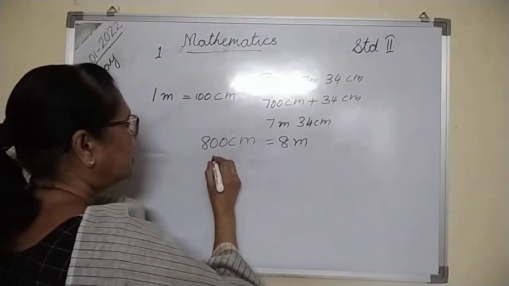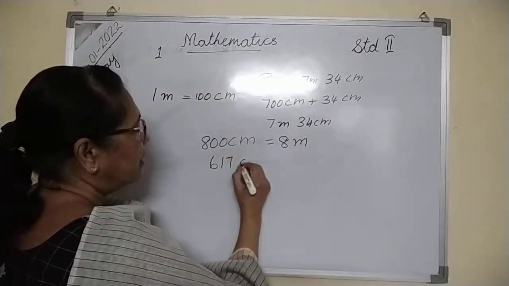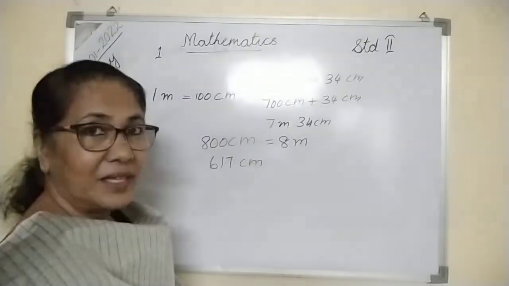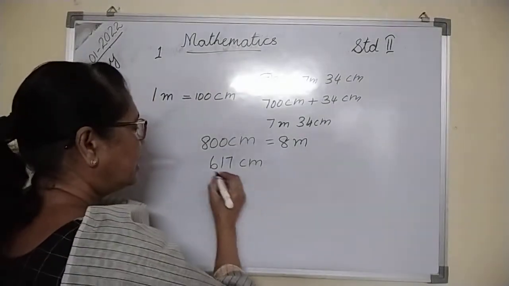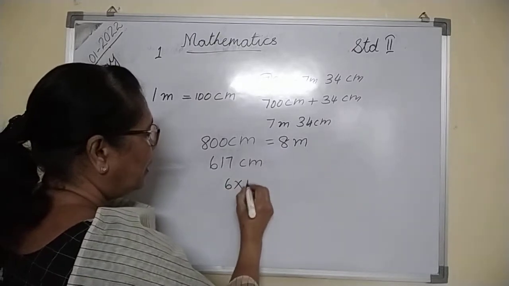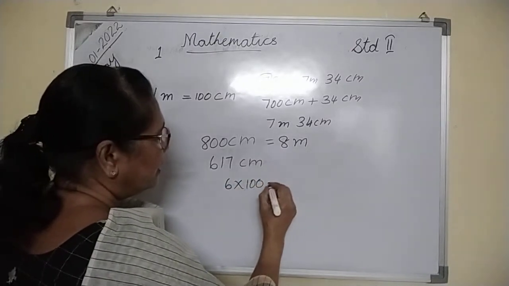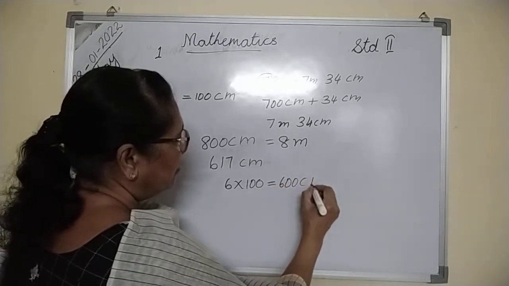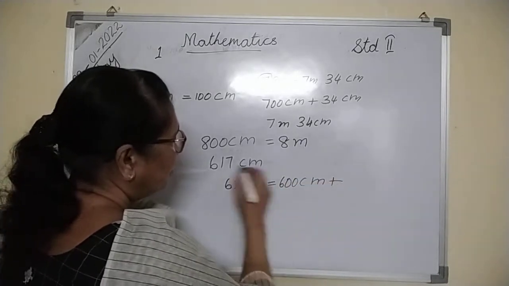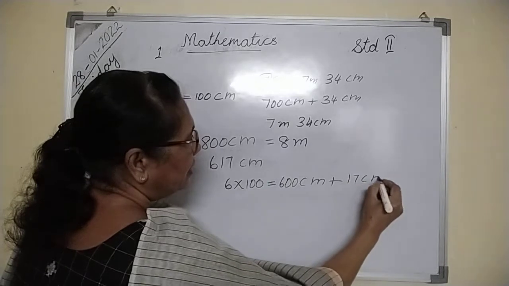Next one, 617 centimeters. This you have to convert into meters. So 6 into 100, that is how many centimeters? 600 centimeters plus 17 centimeters.